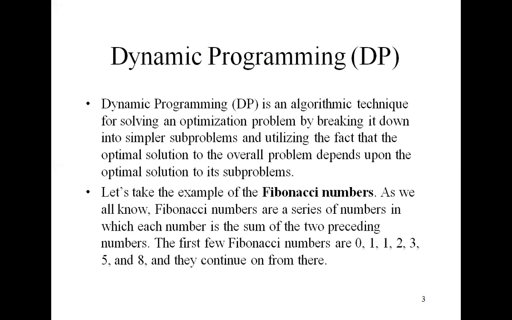So we want to find the optimal solution using the dynamic programming technique. What is an optimal solution? Either maximum or minimum. Optimal solution means finding the maximum value or the minimum value.